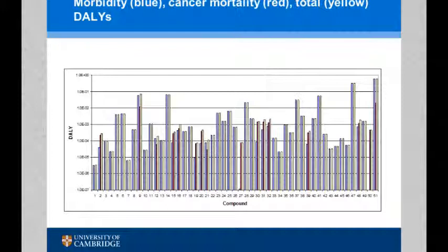And what you're looking at here is the blue is if you put every one of those compounds at their MCL, so at their maximum contaminant limit or their regulatory limit, what is the disability-adjusted life year that is associated with that? And what you can see from this, blue being, again, morbidity, red being cancer mortality, and yellow being the total daily for this compound, what you see are very large differences here, right?